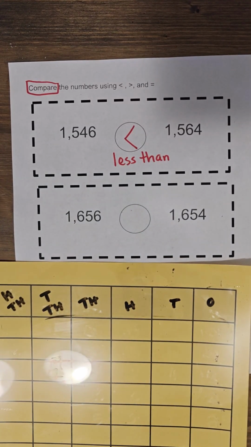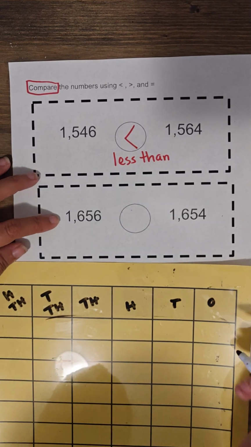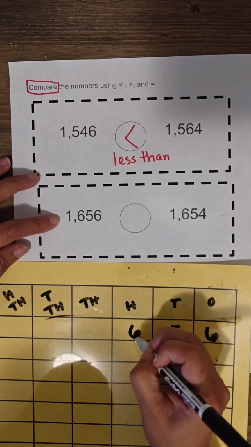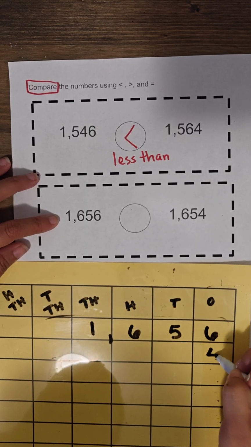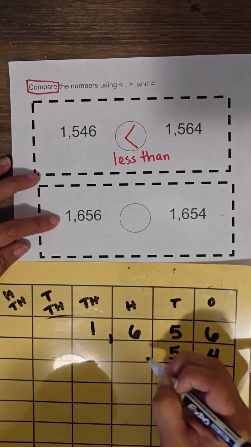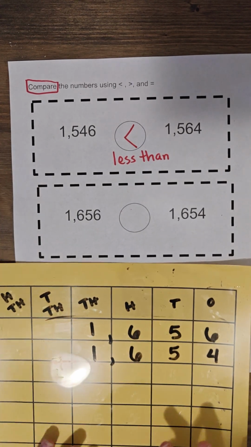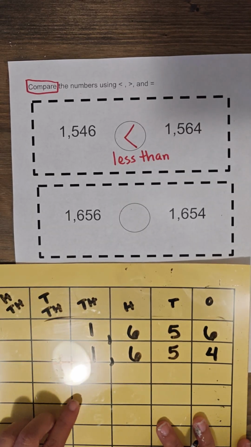For our next example, we are going to start with this first number. Again, we start from the end. Don't forget your commas. Okay, and then we are going to start with the biggest value, which is in the thousands place.